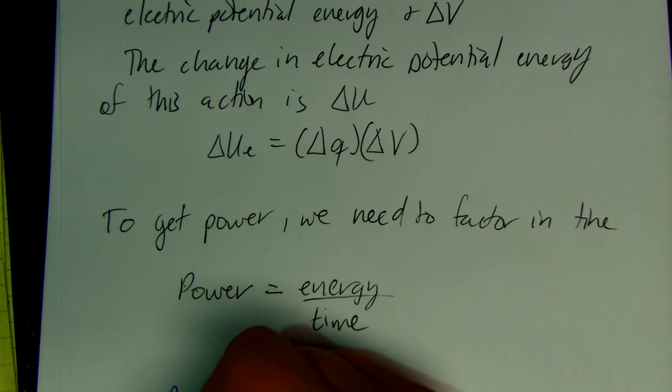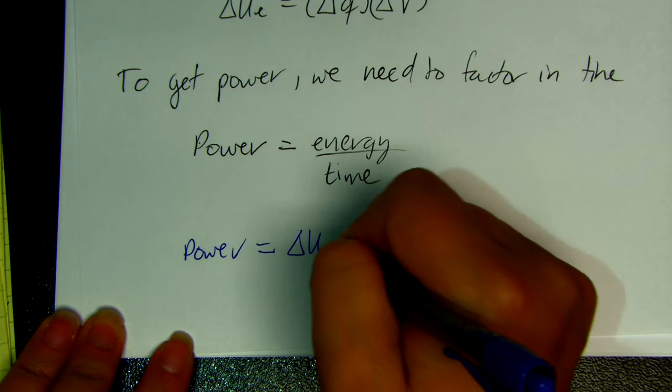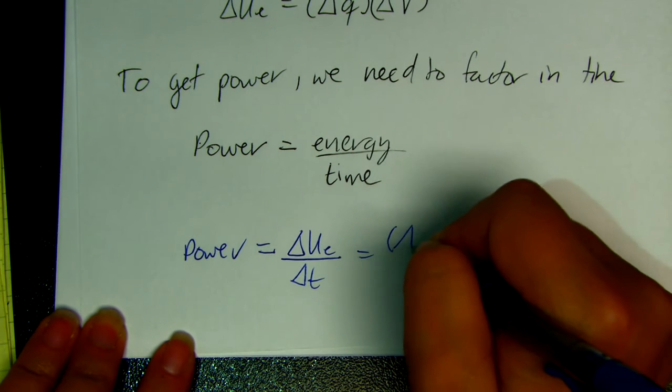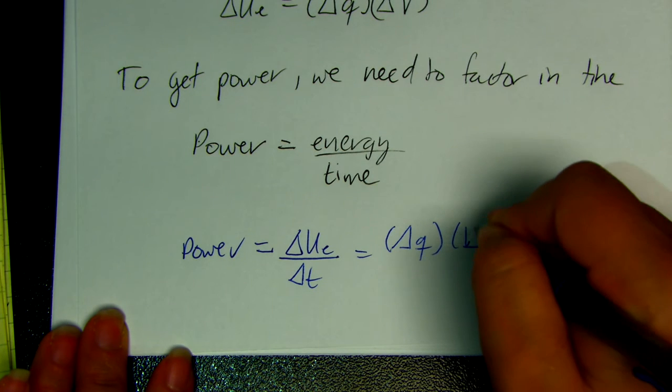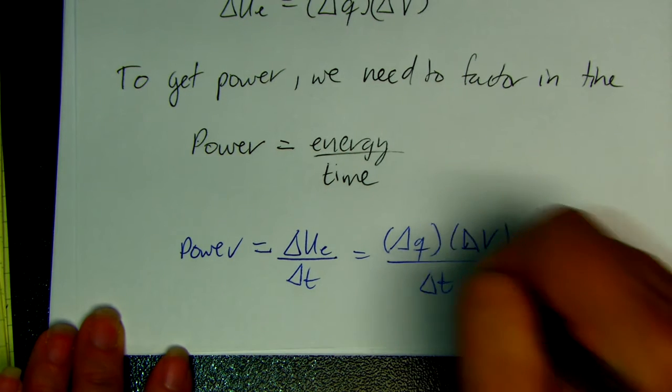So power is equal to delta UE over delta T, which is delta Q times delta V over delta T.